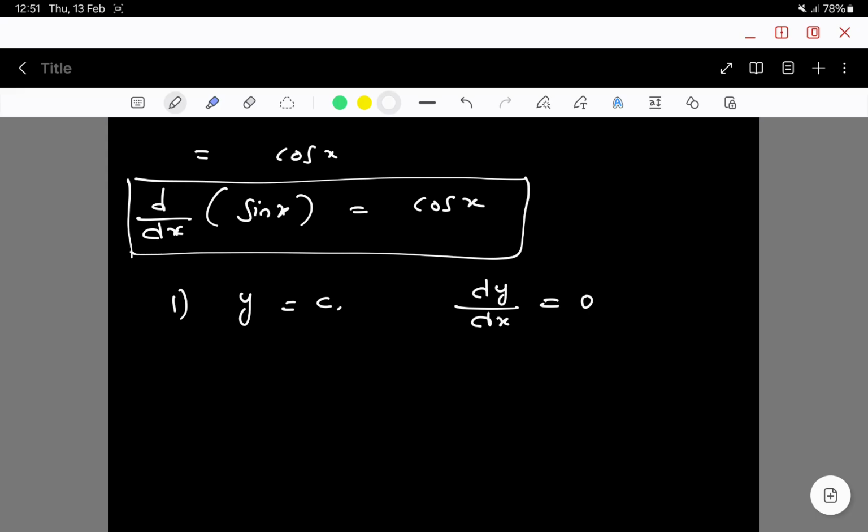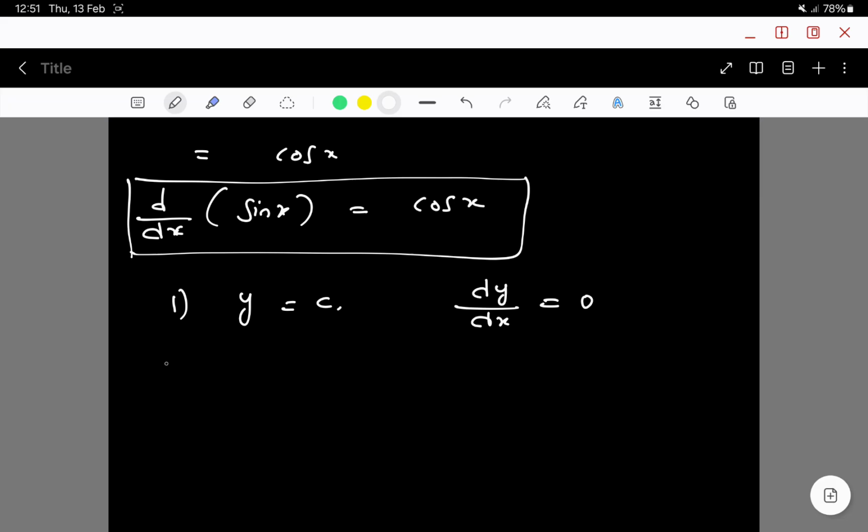That means there is no rate of change of any constant. We can't change the constant value, so dy by dx is 0. Never means 0, so I am writing 0.